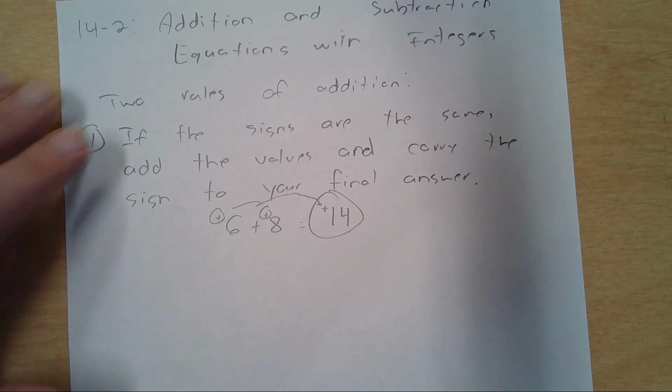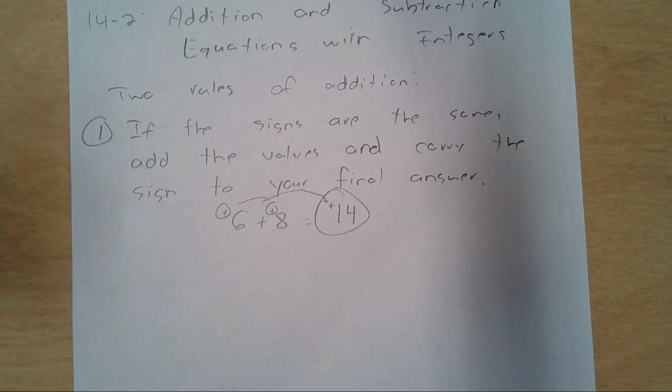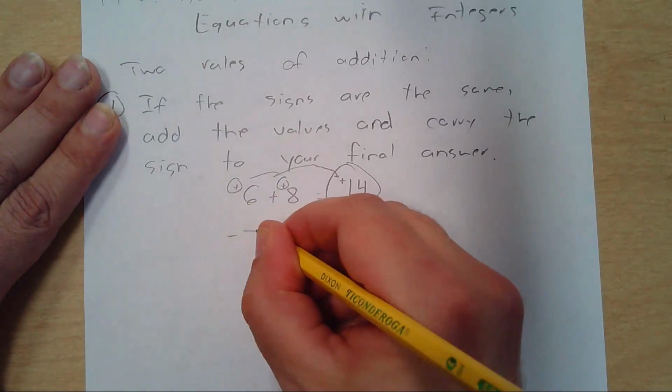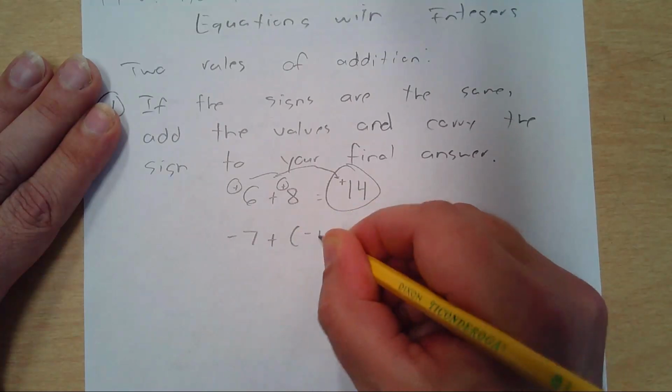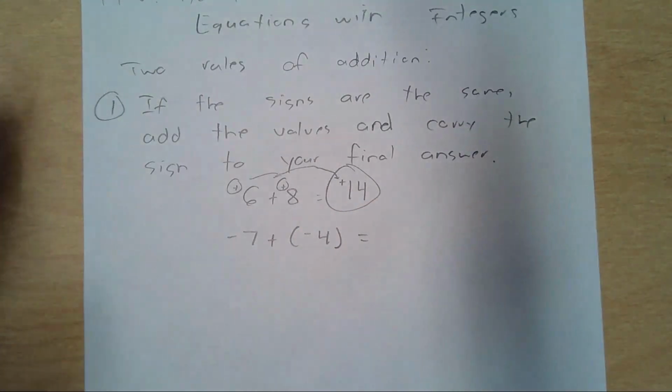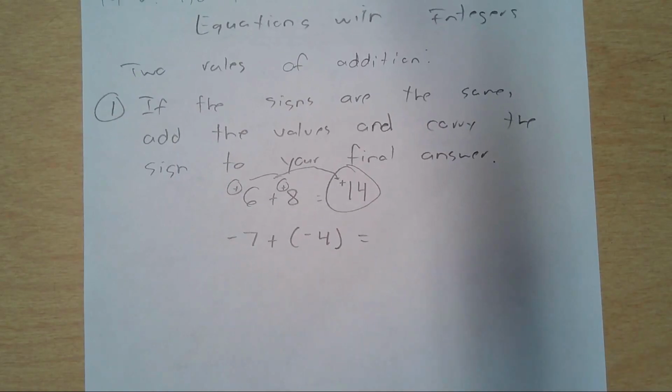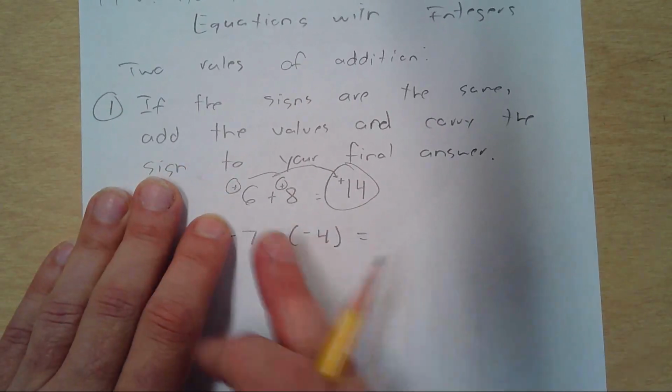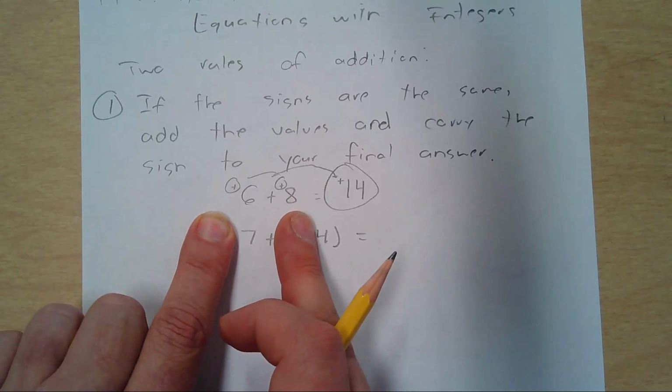Okay? This works the same with 2 negative values. If I had negative 7 plus a negative 4, once again, I realize that the signs are the same. They're both negatives. So what do I do? Well, I add the values together. I'm not even considering the sign right now.